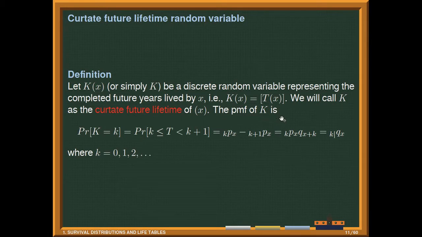The probability mass function of K is denoted by this. That gives us the probability that T is greater than or equal to small k and less than k plus 1.